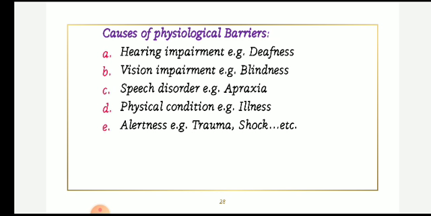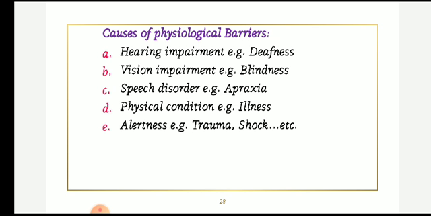Automatically, in that case, the person is unable to get the intended meaning, which is the reason the communication has been done, or the message that has been sent by the sender. It will not be understood by the receiver. And we know in the communication process an important component is feedback.